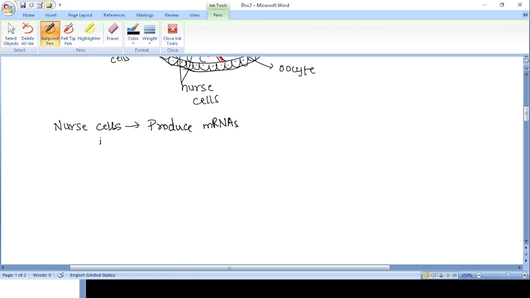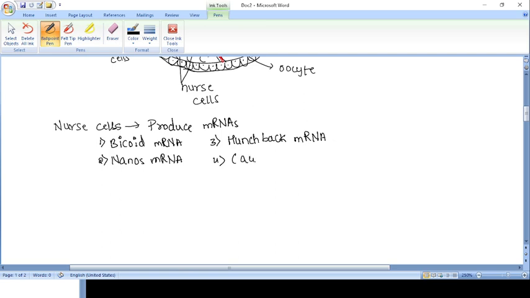Those are, first one, bicoid mRNA, nanos mRNA, hunchback mRNA, caudal mRNA. These mRNAs are produced by the nurse cells and they are transported inside the oocyte.